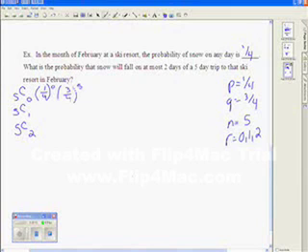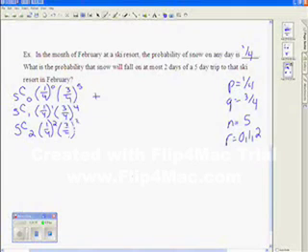Right? Then the next time I have 5 combination with 1, so it's 1/4 one time, or to the first power, and 3/4 to the 4th power. And then the last one, we get 1/4 squared times 3/4 cubed.